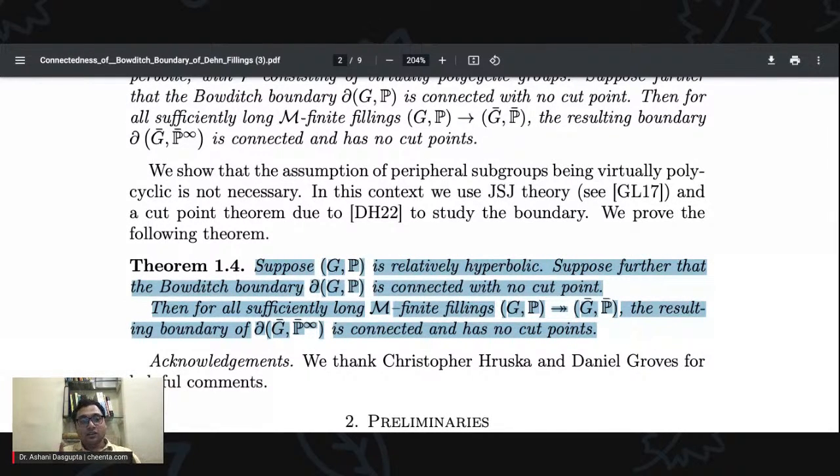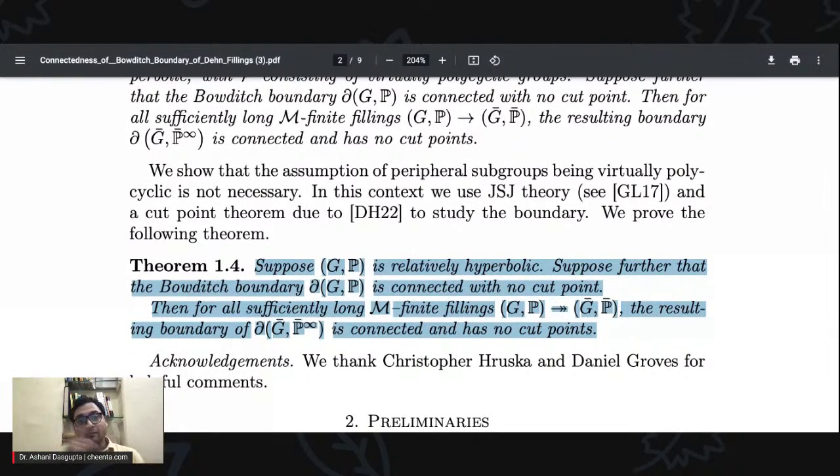Now, to prove this theorem 1.4, the basic structure was this, that we show that under certain conditions. So first of all, I use the other theorem that we proved in a previous paper, a joint paper with Christopher Ruska, that the Bowditch boundary, if it is connected, then it is locally connected.